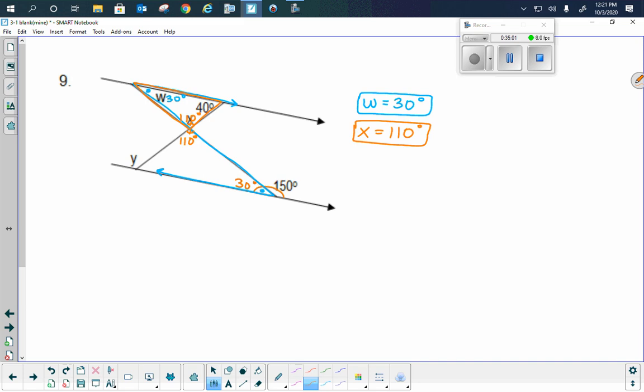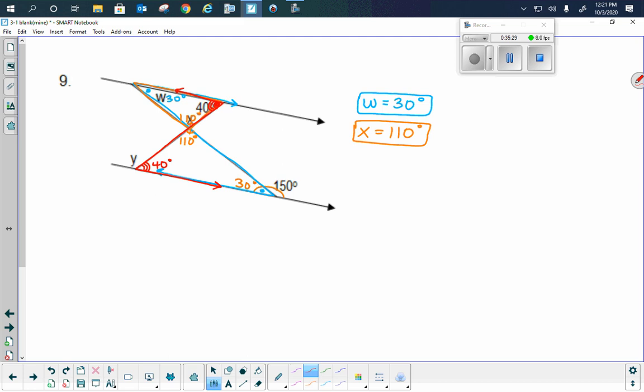Well, you have options now, a couple of options. I either see a Z here that includes the 40 and this angle adjacent to, which means next to, Y. So if this 40 up here equals this part down here, we'll just use 3 marks, then I can put 40 degrees right there.